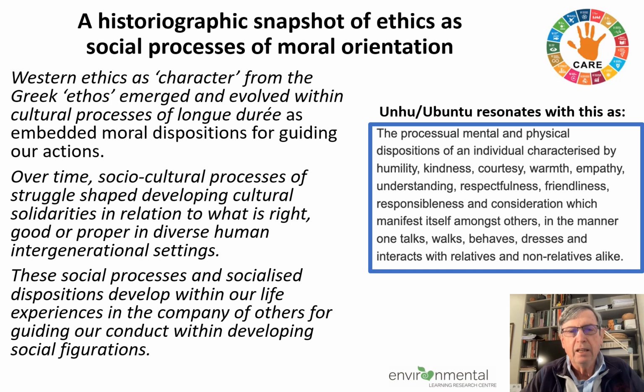So if we look at this in Southern Africa from a Hunu Ubuntu process, we find that this resonates with this perspective on emergent ethics. Hunu Ubuntu is defined as the process of mental, physical dispositions of an individual characterized by humility, kindness, courtesy, warmth, empathy, understanding, respectfulness, friendliness, responsibleness, and consideration, which manifests itself, amongst others, in the manner one talks, walks, behaves, dresses, and interacts with relatives and non-relatives alike.